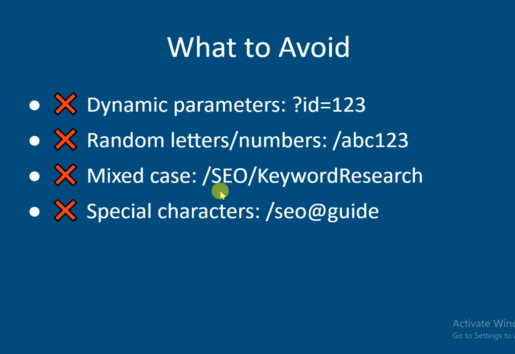Okay, and even mixed case: capital letters and small letters, you should not mix everything. You should follow lowercase letters only. Mostly for URLs, everybody uses only lowercase letters. Okay, and special characters also we should not use because it's very difficult to remember. So these are the things we should avoid while writing the URL structure.